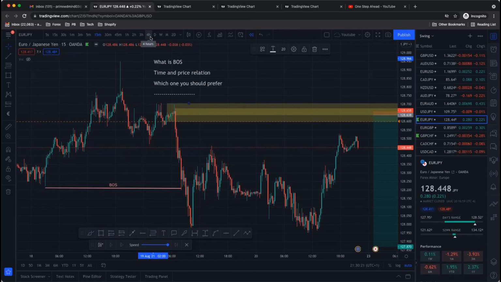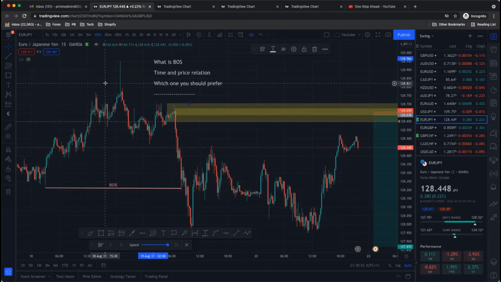If you use that first type of BOS, you will more likely stick to one time frame, and it will work out for you, because you don't often switch the time frame to see a clearer picture. Obviously, you can switch if you are in doubt, or don't have a clear picture on the 15 minute or 30 minute; you can go to 20 minutes and check how readable it is.